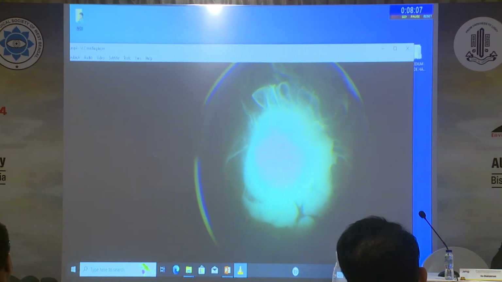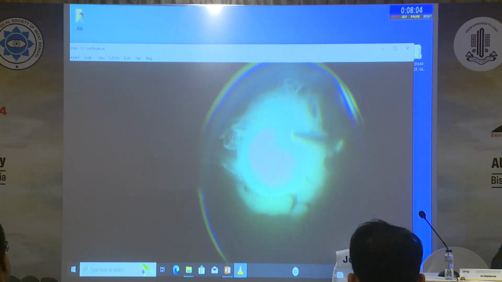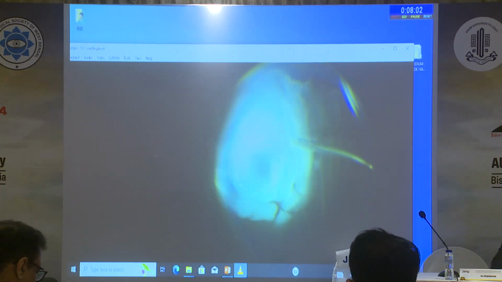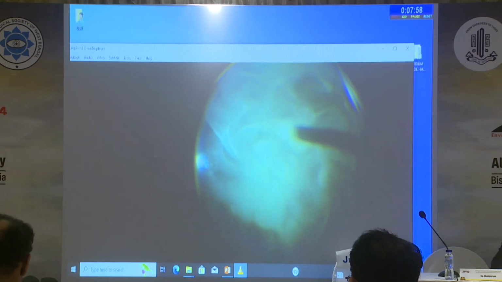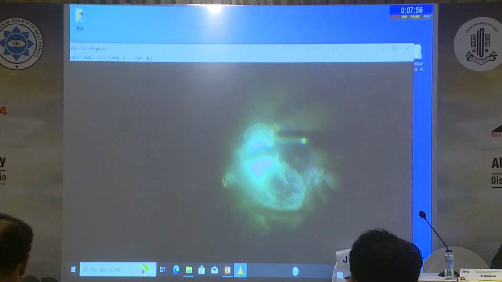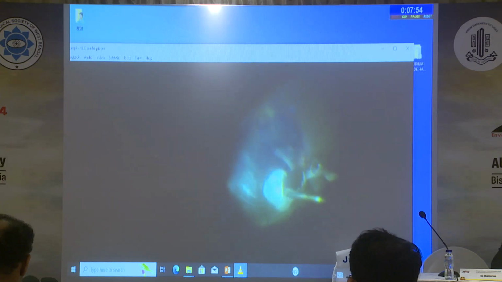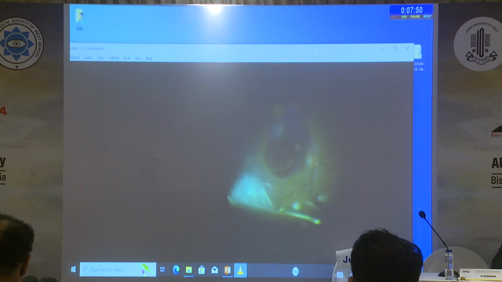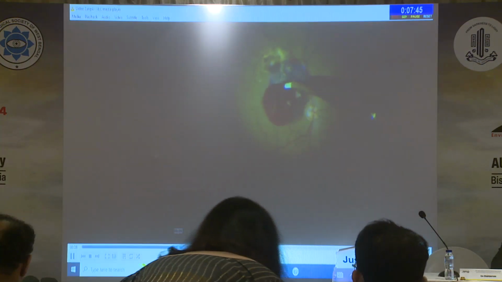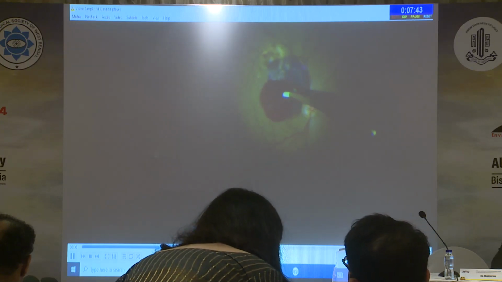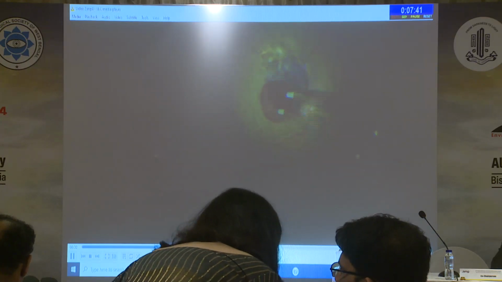So this was a small bleed, only intravitreal tPA plus gas could have also worked, but as there was a good amount of pre-retinal bleed, I decided to go for surgery with subretinal tPA. So after clearing the pre-retinal bleed, I am clearing this pre-retinal hemorrhage.